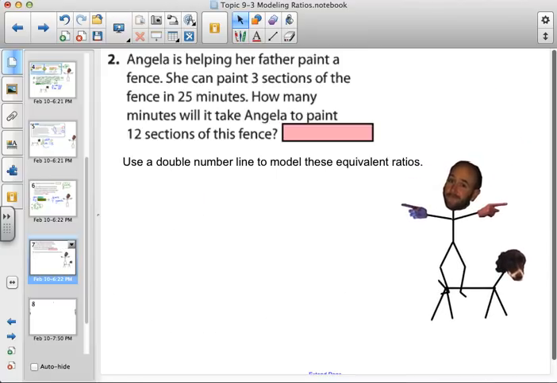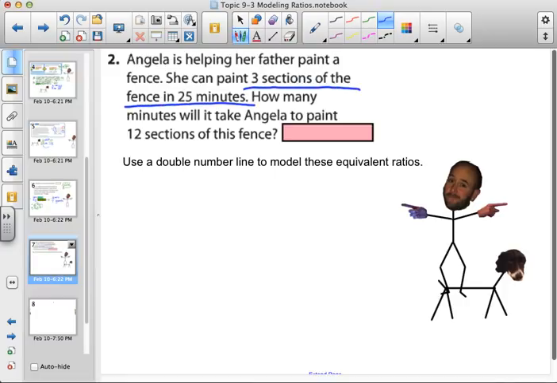Okay, let's take a look at what we have. Angela is helping her father paint a fence. She can paint 3 sections of the fence in 25 minutes. That means that 3 sections are going to get done every 25 minutes. That is our original ratio right there.